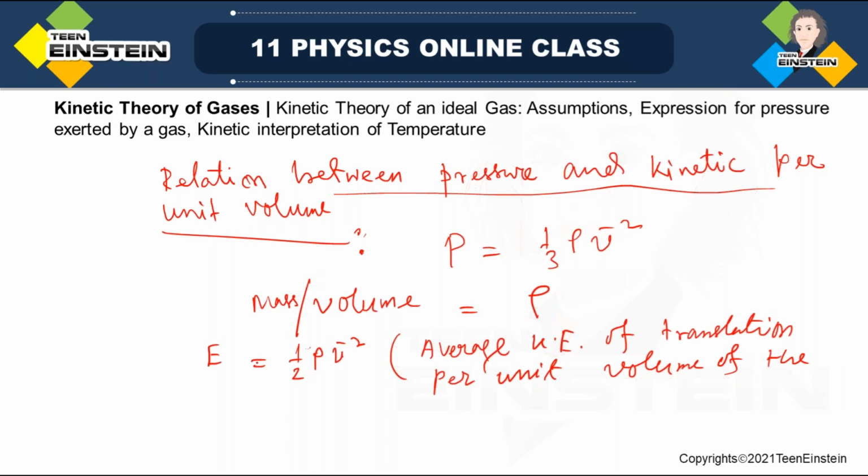This one is the average kinetic energy, but that is per unit volume.